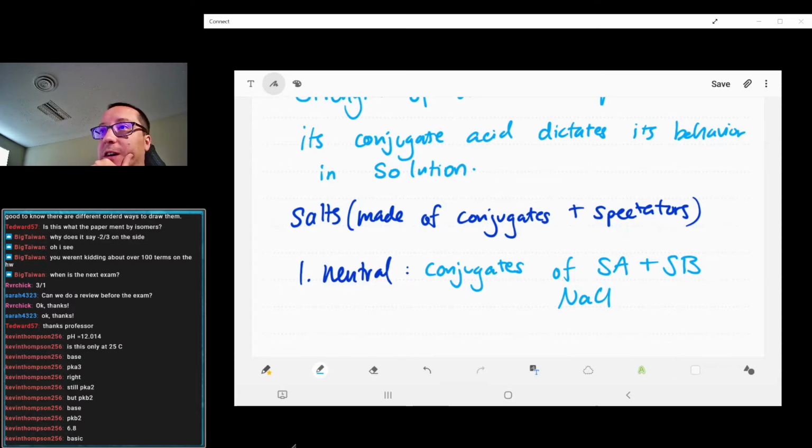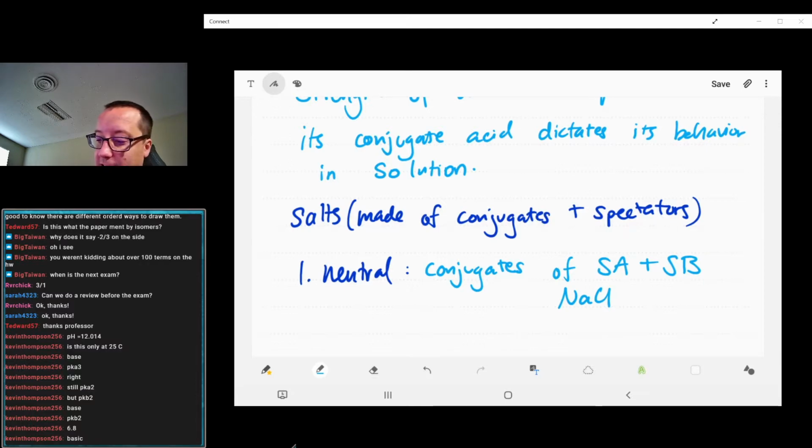Any sort of neutral salt of chloride would work. So we're going to see that this is going to be the conjugates of our strong bases, like sodium hydroxide. Technically, sodium is not its conjugate, but that's a spectator ion, and so sodium will work there.